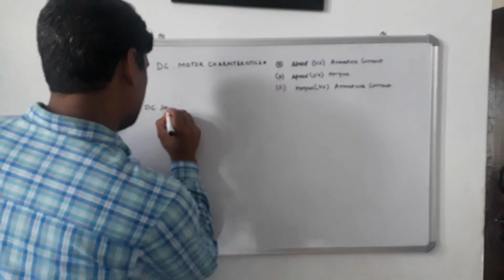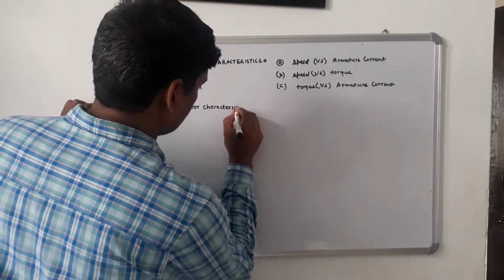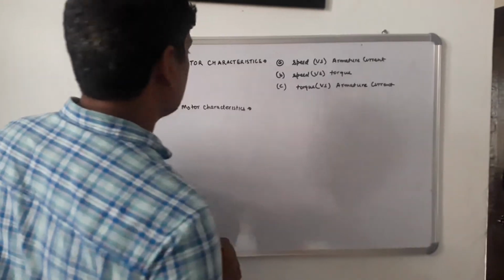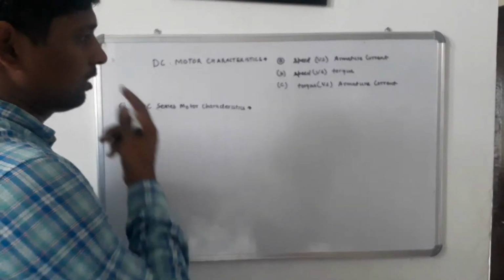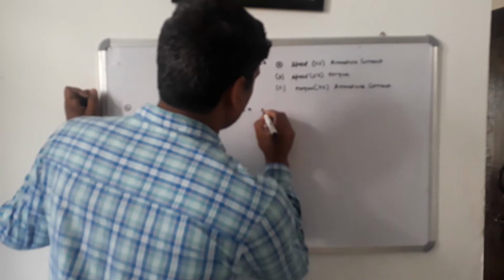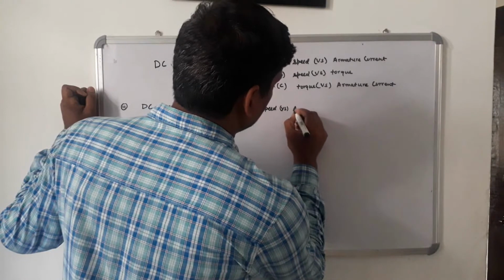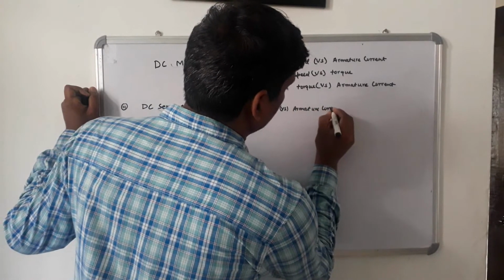DC series motor characteristics. The first characteristic is speed versus armature current.